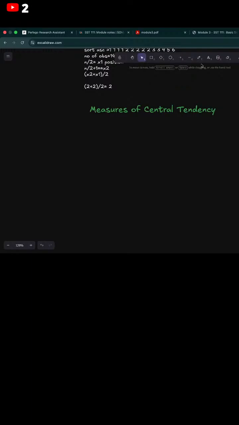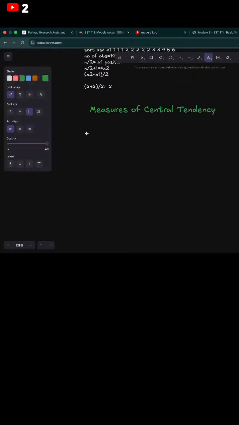Measures of dispersion. The first one is range. Range is so simple, you sort the data. Let's write it for ungrouped data. Ungrouped data, you can just call it raw data, like 1, 2, 3, 4, 5.